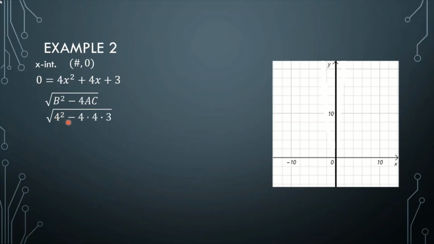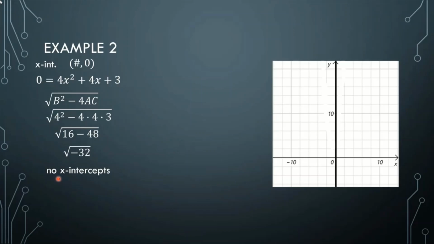This would be 4 squared minus 4 times 4 times 3. So this gives you 16. And then you do the multiplication. This would be 4 times 4, which is 16, times 3, which is 48. So it's 16 minus 48. You can see that this gives us a negative number. So it gives us a negative 32, so that we know that there's no x-intercepts.